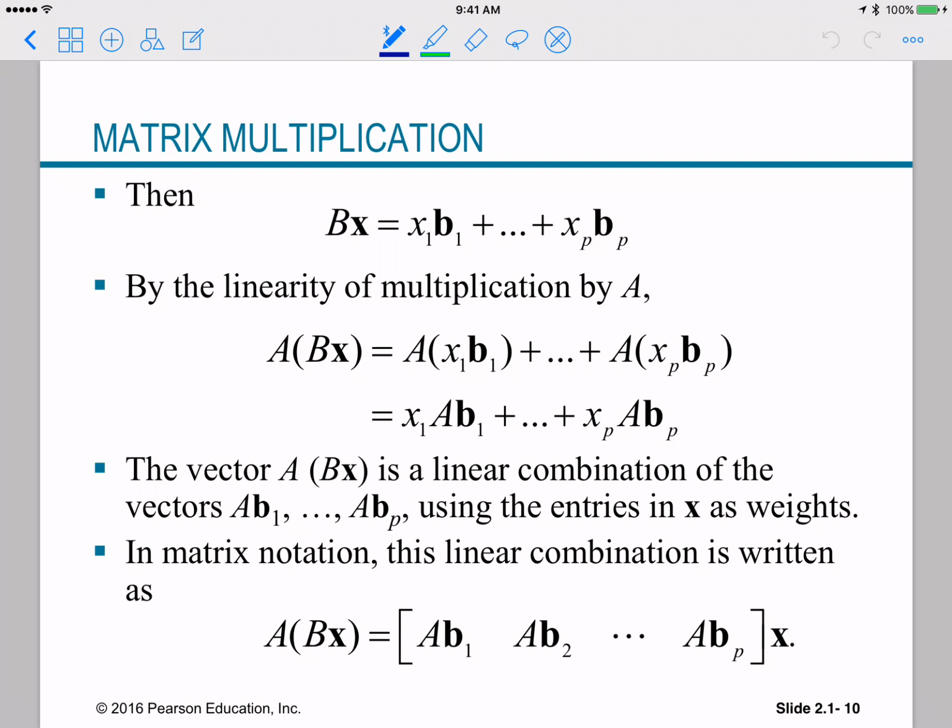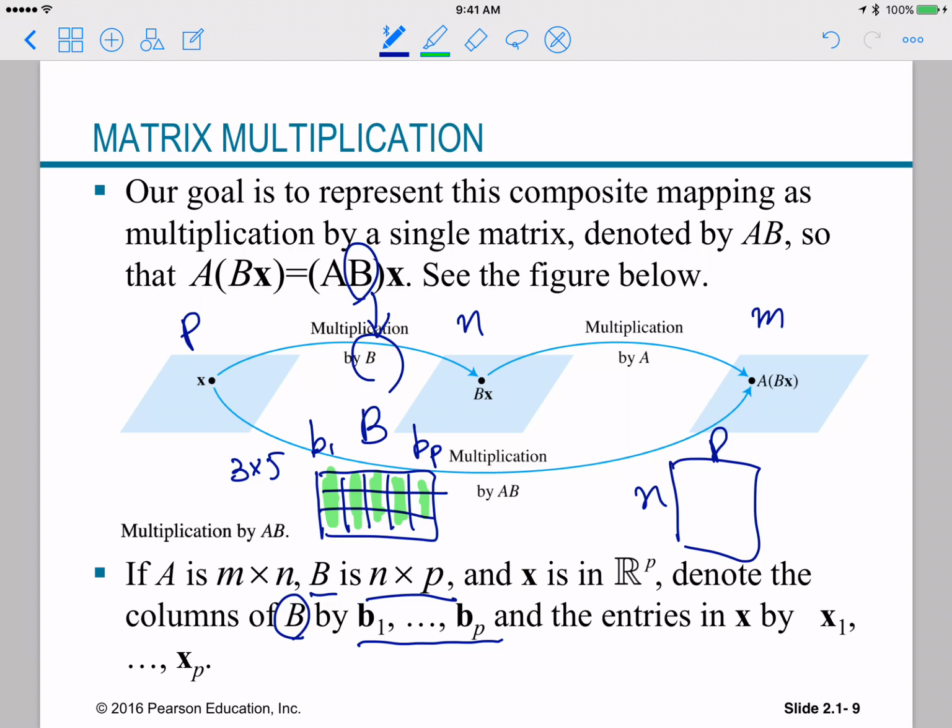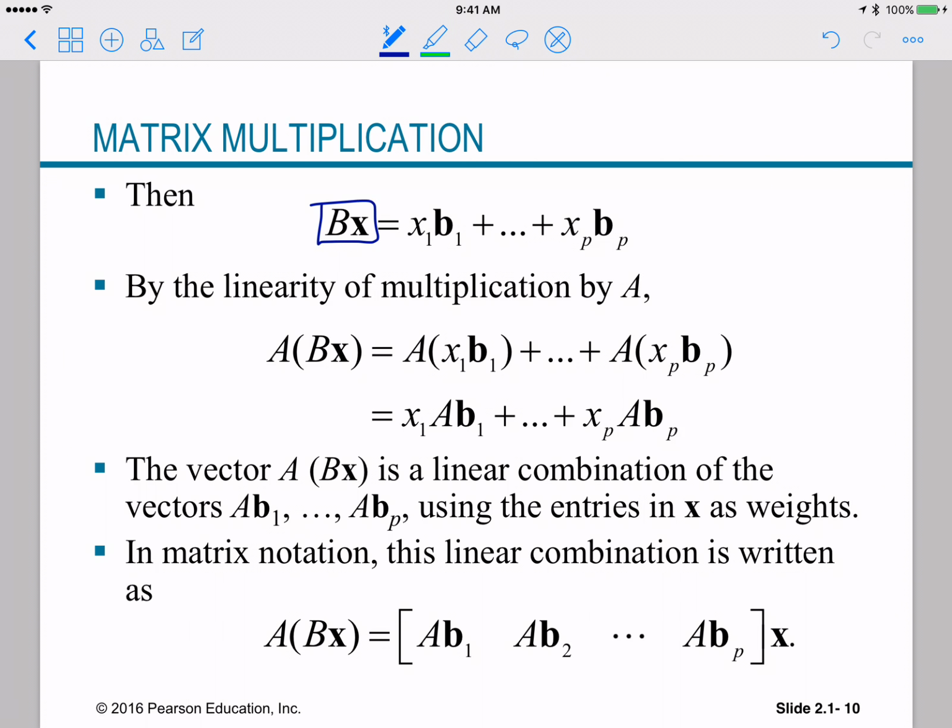Okay, then the first transformation that we go through in this step is, of course, B times the vector x. From this matrix-vector multiplication, we know in the vector equation form it's a linear combination of the columns of B using the linear combination coefficients from x, which are found here.